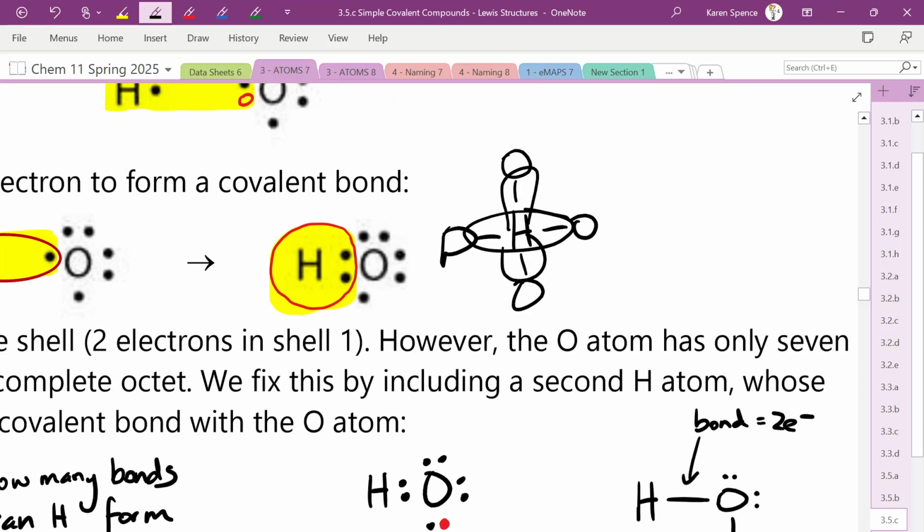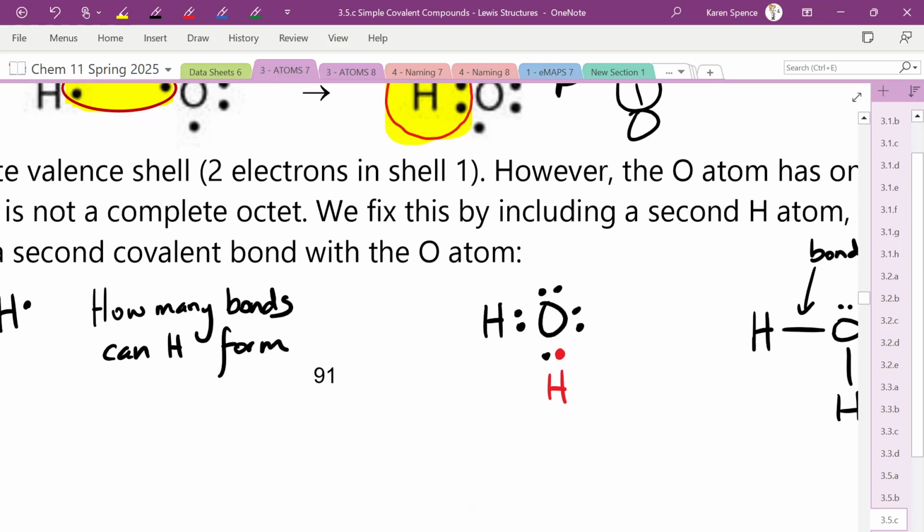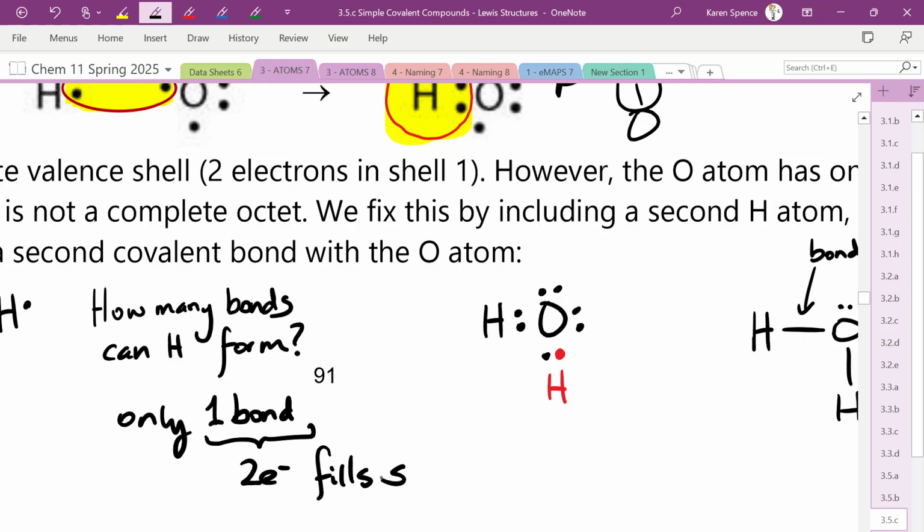Hydrogen can have a maximum of 2. So hydrogen can only ever form how many bonds? 1 bond. Because that's 2 electrons, and that fills shell number 1. Does that make more sense now? Yeah? Or are you just nodding and smiling? Okay, cool.